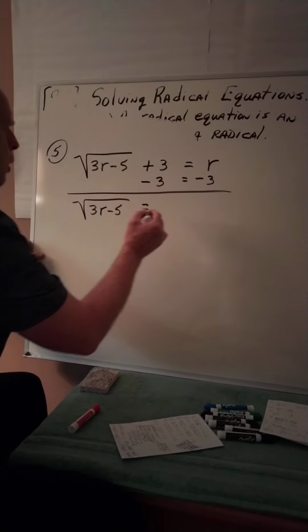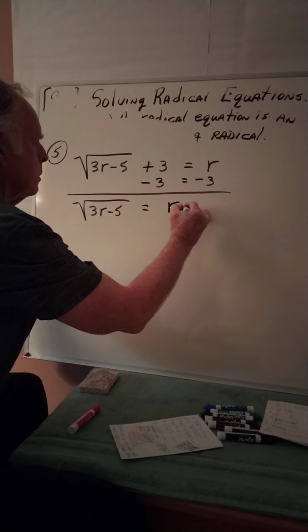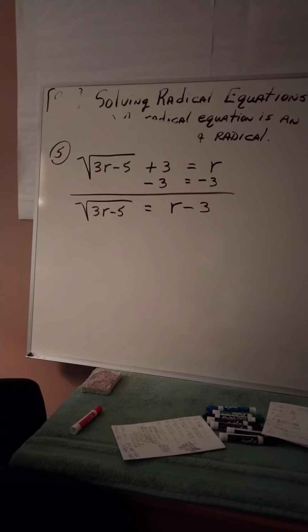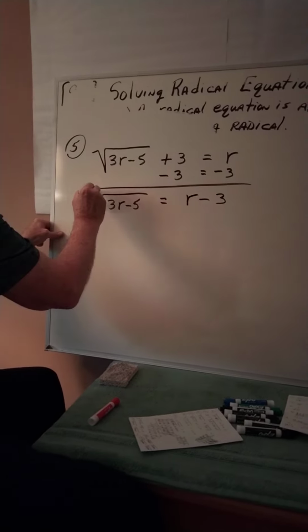I believe I would do the r first. Right? It's isolated. Square both sides.